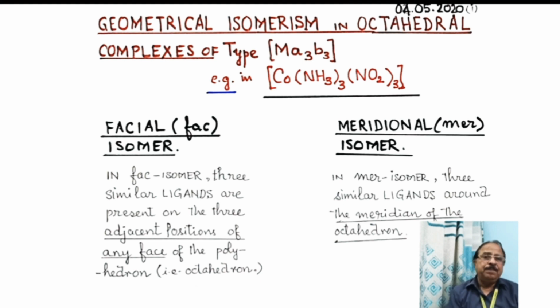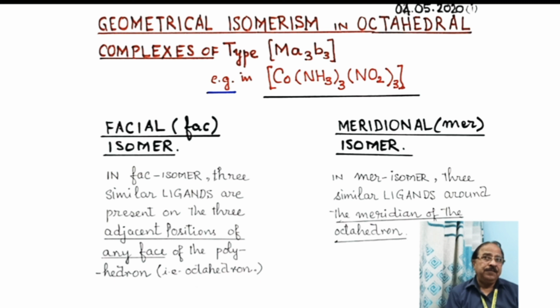Now this type of octahedral complexes shows an isomerism which is very important. We call it fac and mer isomerism, facial isomer and meridional isomer. Now in an octahedral complex, there is a square which forms a base, and above the square there is a pyramid, and below that square there is a pyramid, then we get the shape of an octahedron.